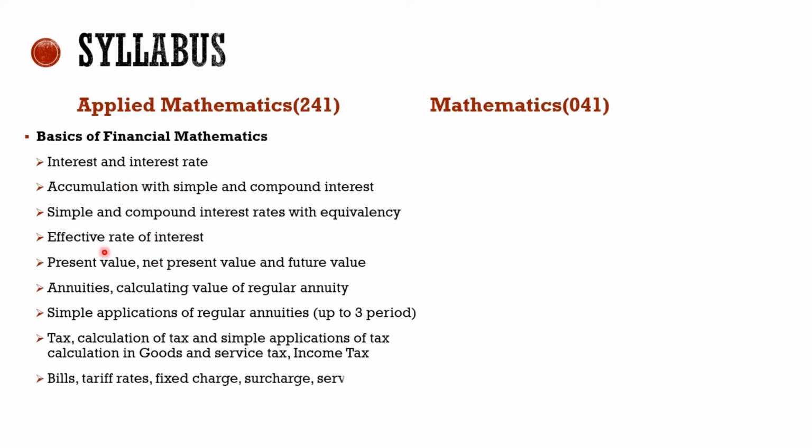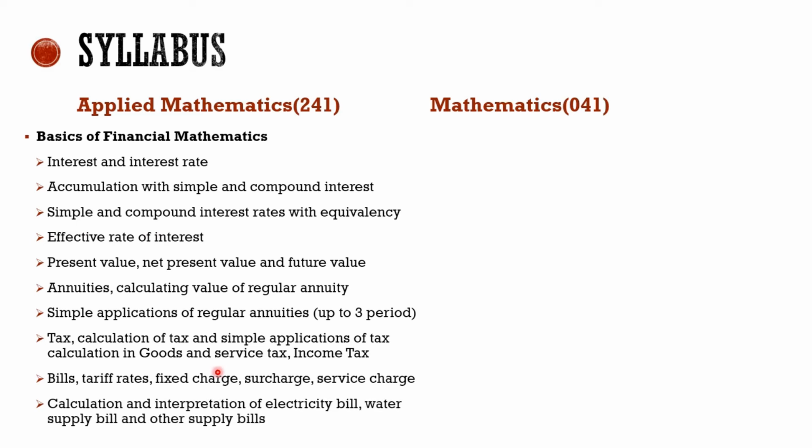It covers interest, interest rate, simple and compound interest, present value, net present value, future value, simple application of regular annuity, tax, calculation of tax. These are important in business, accountancy, economics. Calculation of electricity bill, water supply bill, other supply bills is part of applied mathematics. And this whole chapter is not given in mathematics.